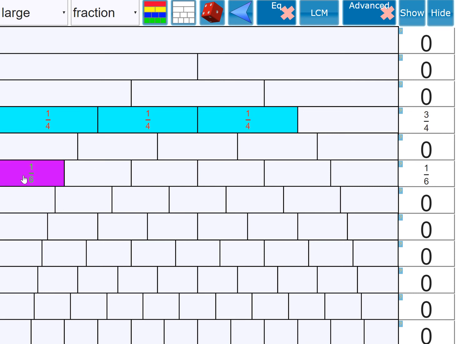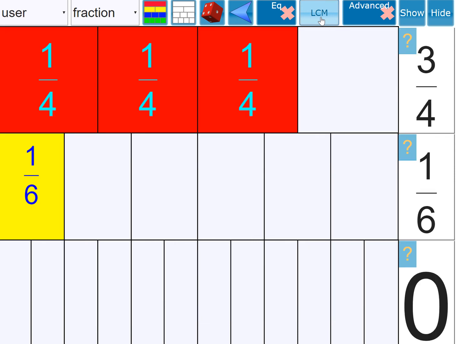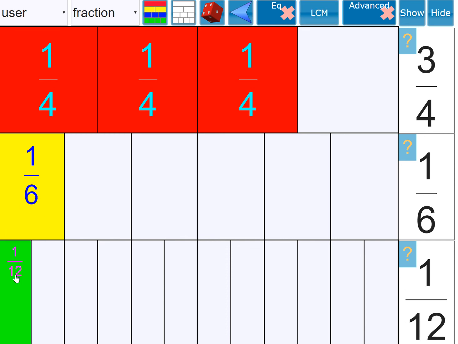If I'm adding those, they're different sizes. So let's have a look at our lowest common multiple, a number that they will both multiply to get into. Here I've got a 1/6 and it's broken in 2, so I've got half a 1/6, I've got a 1/12 there. So 6 times 2 is 12, so 2 of those make up that.